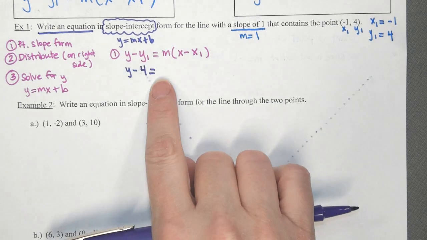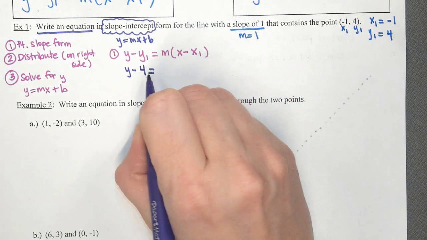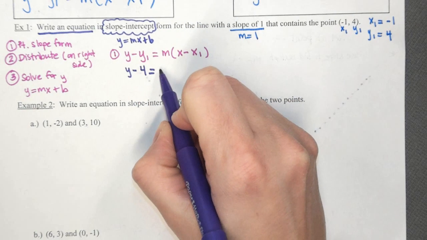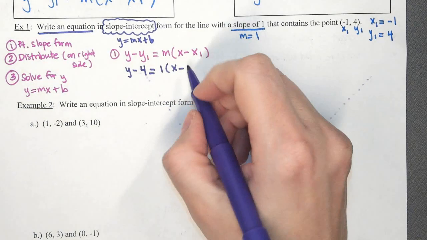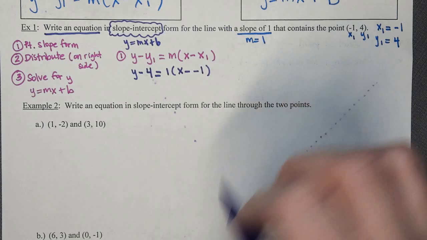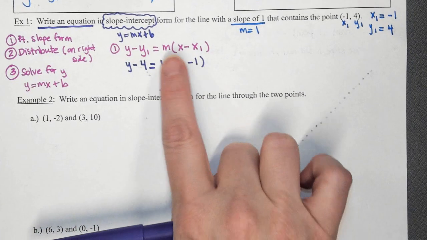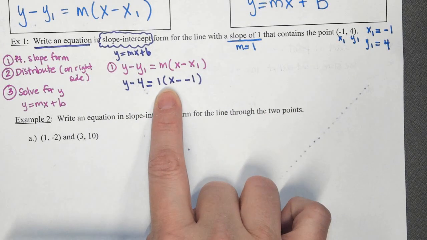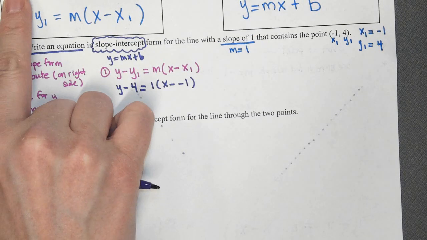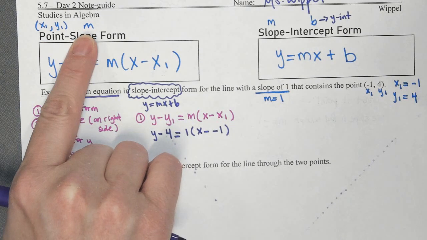Okay, and then Avery, can you tell me what you plugged in on this side here? For the equals 1 x minus -1. Good. Okay, and I like that she said the minus and -1, because you do have to have both of those. So your m is 1. You never are going to plug anything in for x. Remember how I said above here, you're only plugging in for x1, y1, and m.